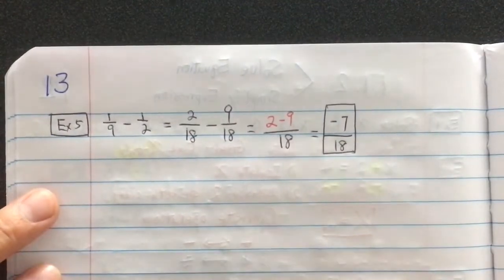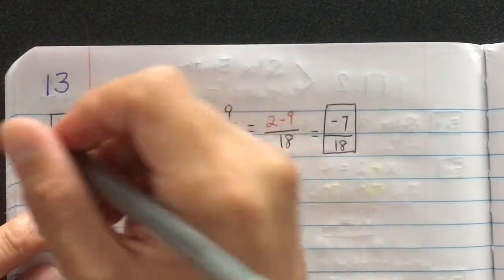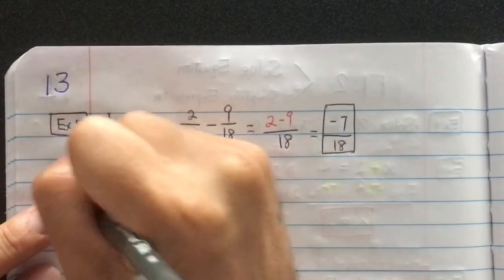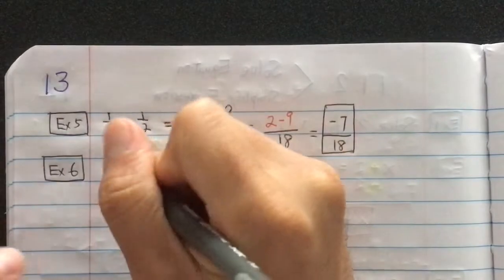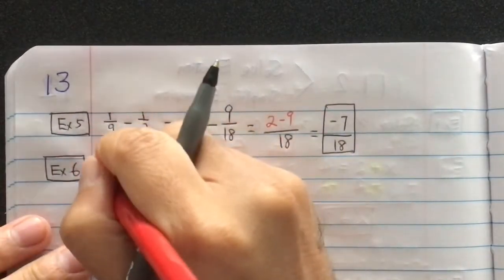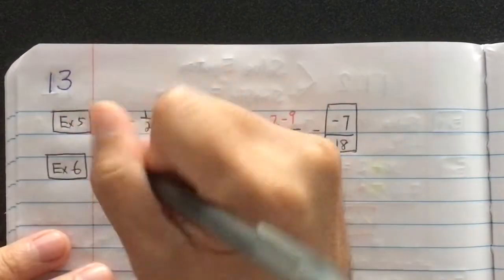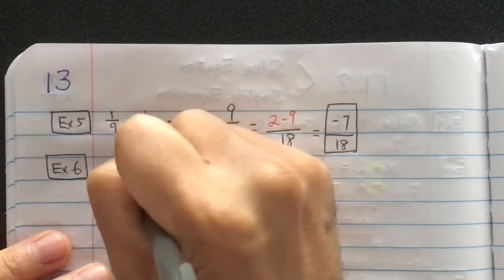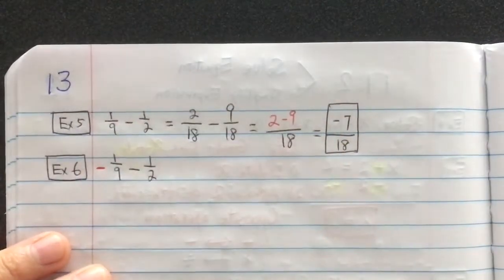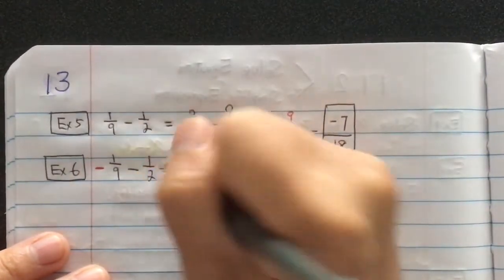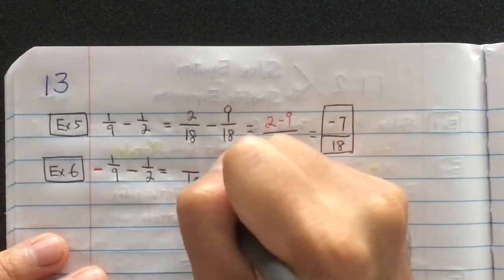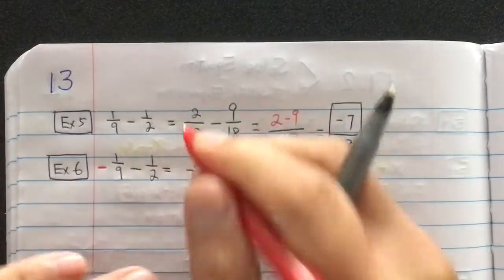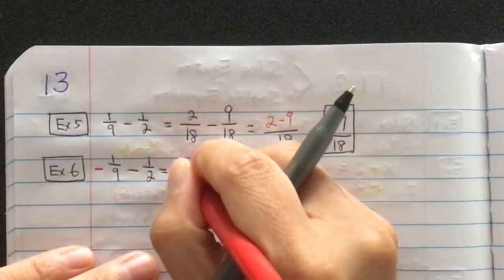Example 5. And example 6. Now I want you to notice the only difference here is negative 1 over 9 minus 1 over 2. So ladies and gentlemen, everything else will be the same here. 18, but the only difference is that here it becomes negative.